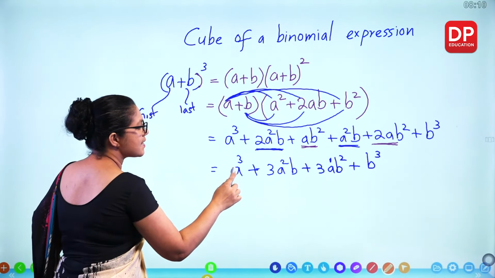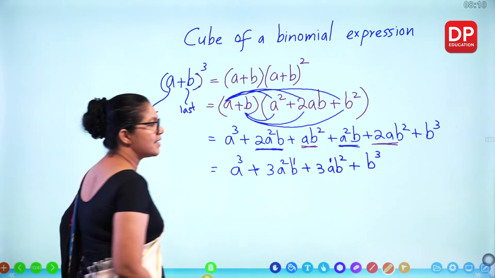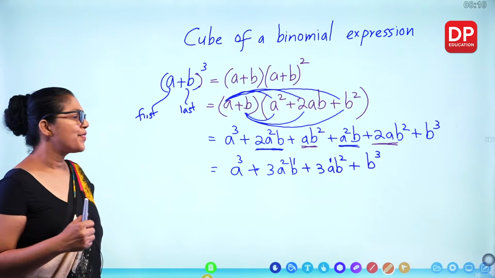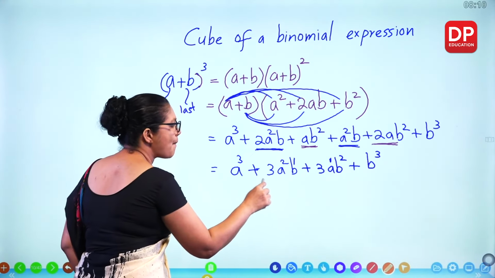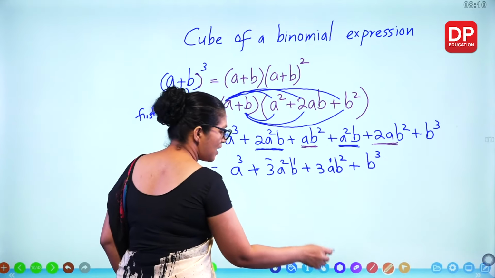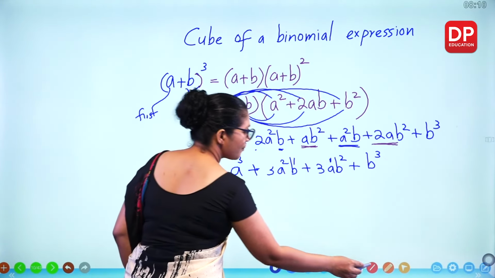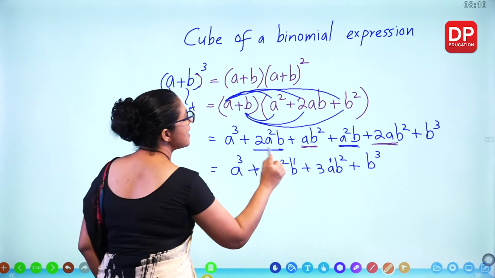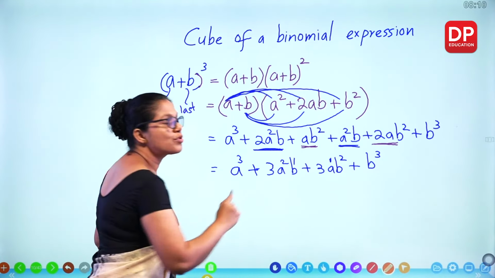Again, when you take the last term, starting with 0, 1, 2, 3. So that pattern comes when you expand power 3. So here, what's the extra term you are getting? This number. So you are getting 3 as the coefficient of these two terms.